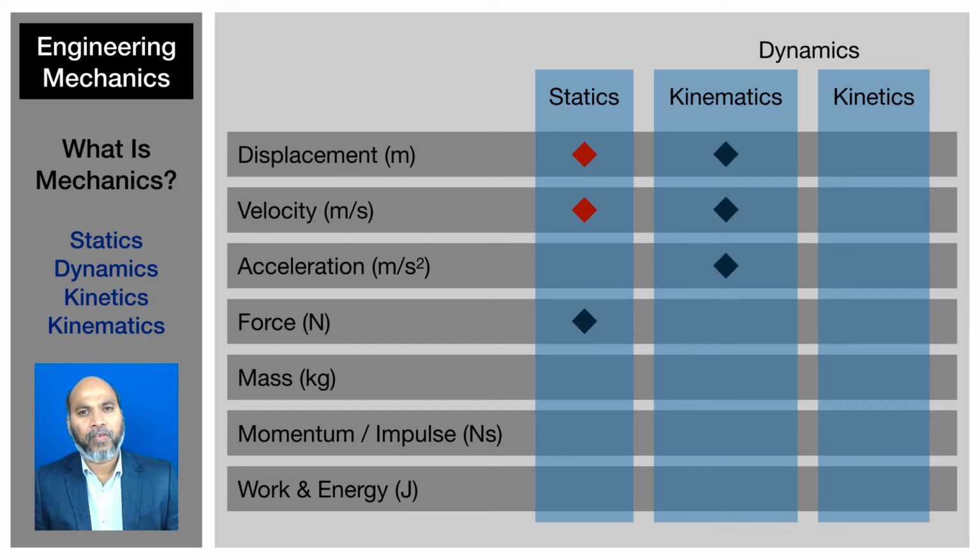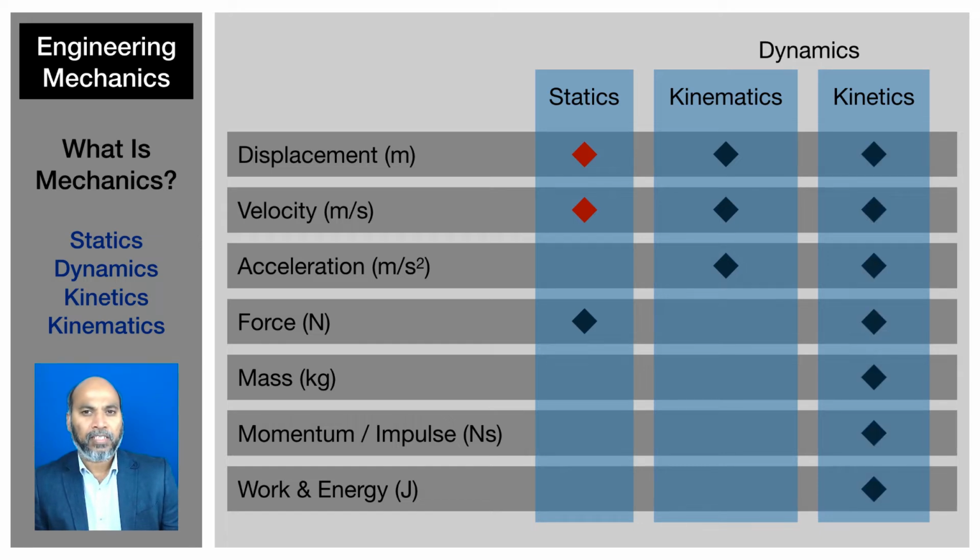Whereas kinematics is essentially about motion. Motion in terms of displacement, velocity, and acceleration. We do not look into the forces which are causing it, but only acceleration, of course, which is responsible for the motion in terms of its displacement and velocity. They could be linear velocity, linear acceleration, also rotational velocity, rotational acceleration as well, but that is all kinematics.